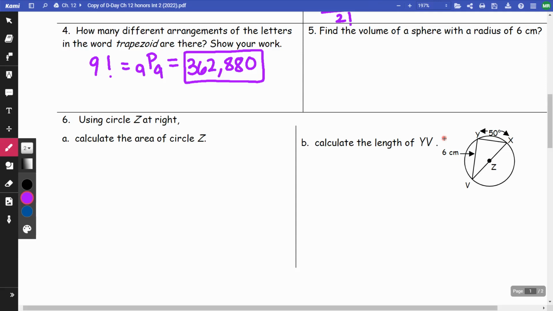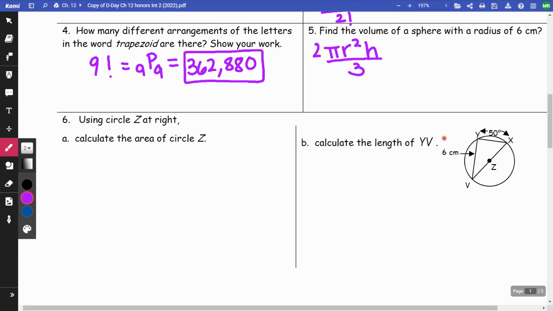So when I was dealing with a cylinder, I would take the area of the base, which is pi r squared. I would times it by the height, and that would be my cylinder. If I divided it by 3, that was my cone. But if I took 2/3 of it, that ended up being my volume.